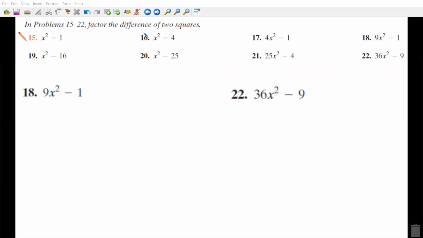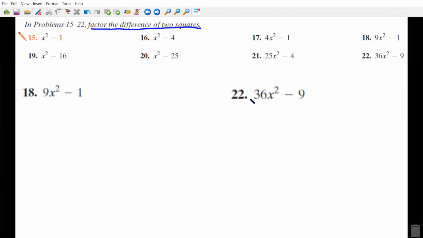Hi, good morning. Can you please tell us what we have to do in exercises 15 to 22? I read in problem 15 to 22, factor the difference of two squares. Thank you, Mi Rubiano. Thank you very much.